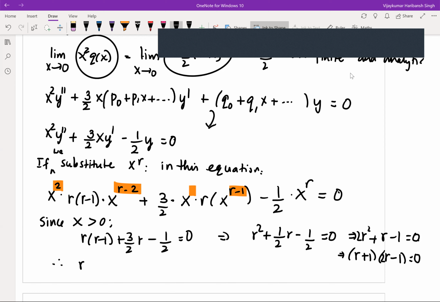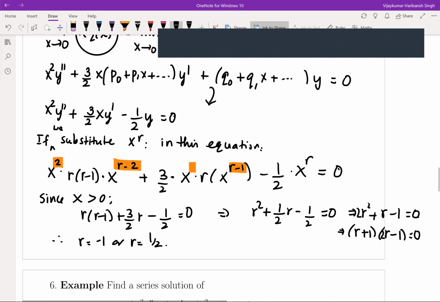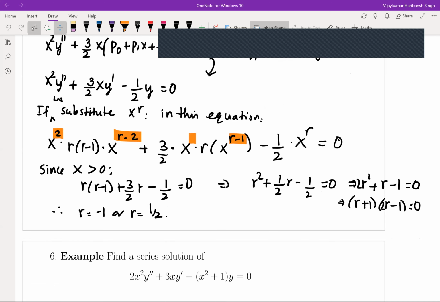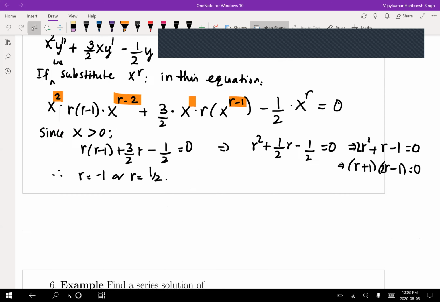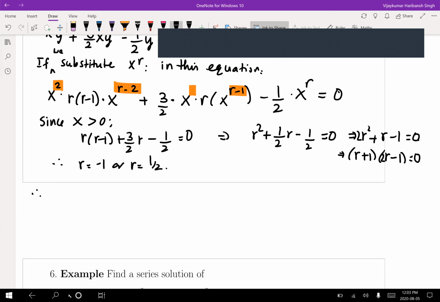So therefore r equals to minus 1, or r equals to 1 over 2. Therefore there are two possible Frobenius series solutions.